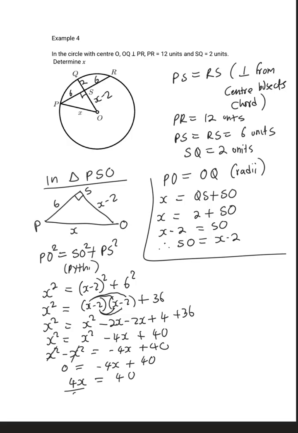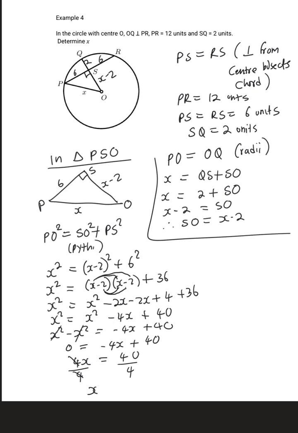Then we divide both sides by 4, and we have X is equal to 40 divided by 4, which is 10. So the value of X is 10. This is how we determine this unknown variable X.